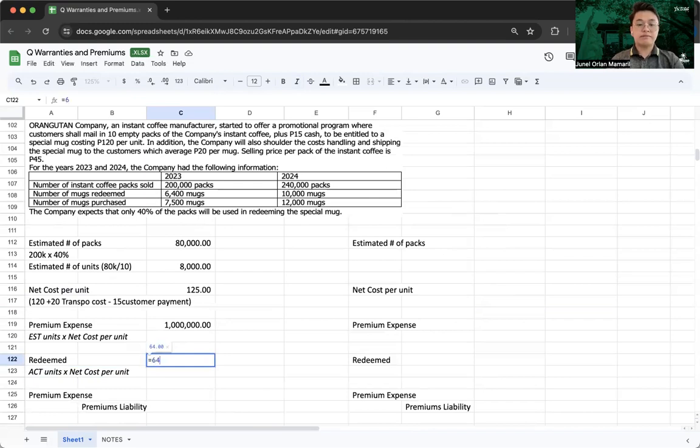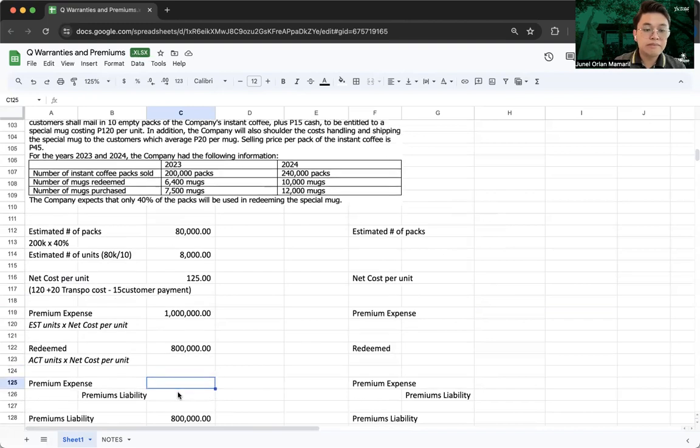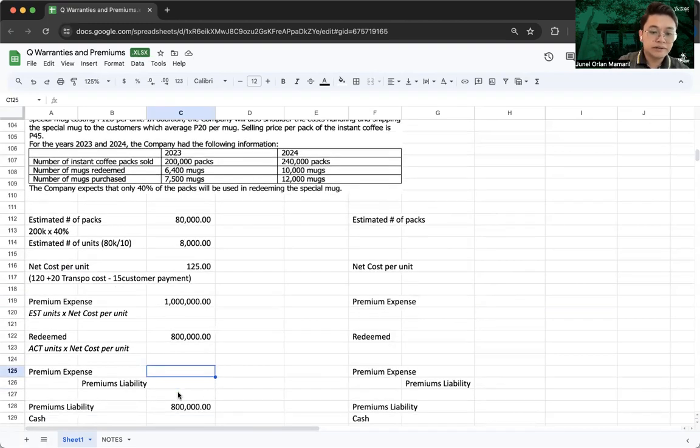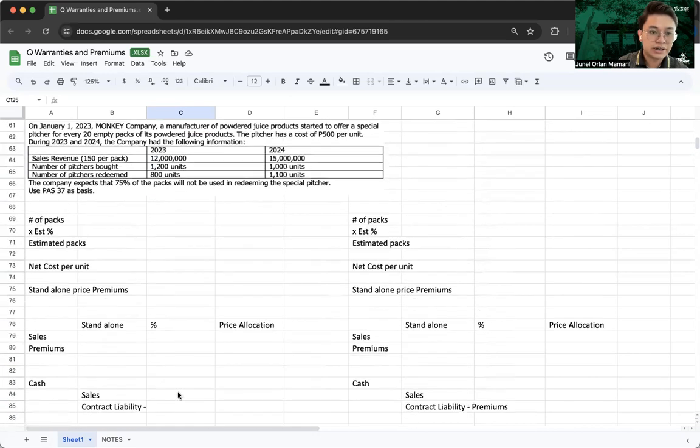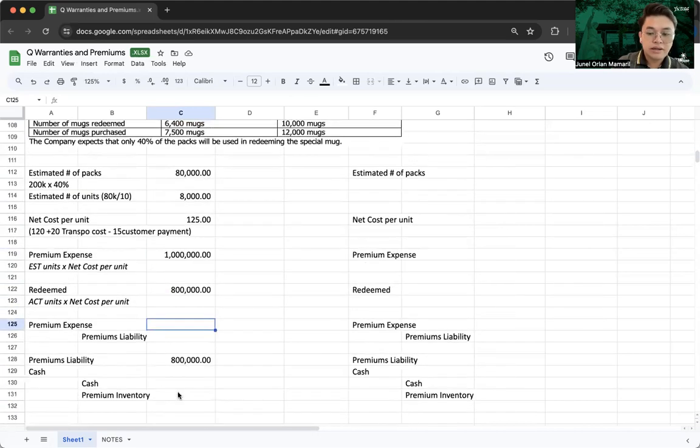Redeem, 6,400 times the net cost per unit of 125. 800,000. Okay? So, our premium expense would be based on, just see here, okay, 8 would be based on 1 million.